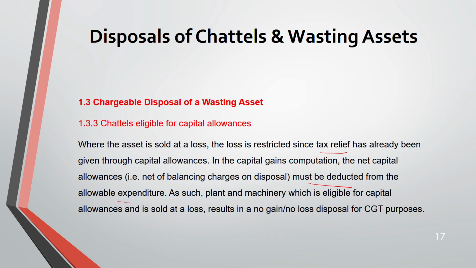As such, plant and machinery which is eligible for capital allowance and sold at a loss results in a no gain, no loss disposal for CGT purposes. This is what you have to remember. When you are selling plant and machinery at a loss which was eligible for capital allowance, for your CGT purposes it is a no gain, no loss disposal.